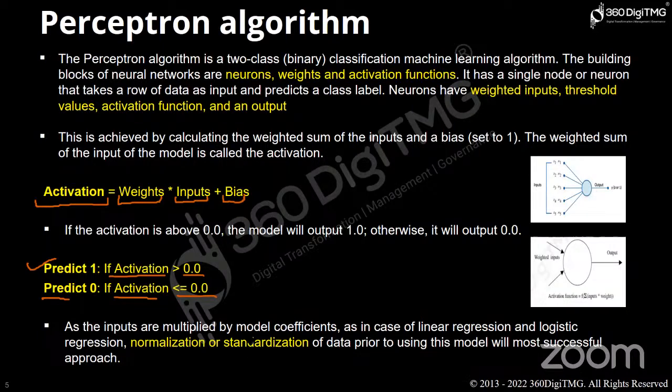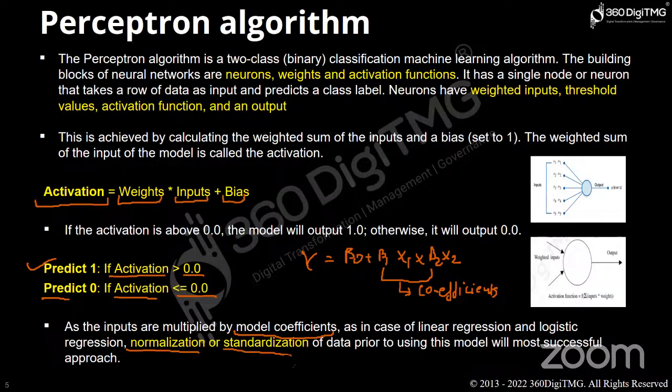So inputs are multiplied by model coefficients. We find coefficients. For example, yesterday we were looking at y equals beta naught plus beta 1 times x1 plus beta 2 times x2. These are coefficients. So our weights are multiplied by these coefficients. So we try to use normalization or standardization techniques to ensure that we are not dealing with numbers that are too huge.